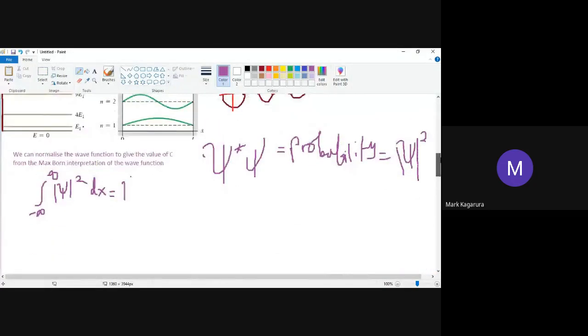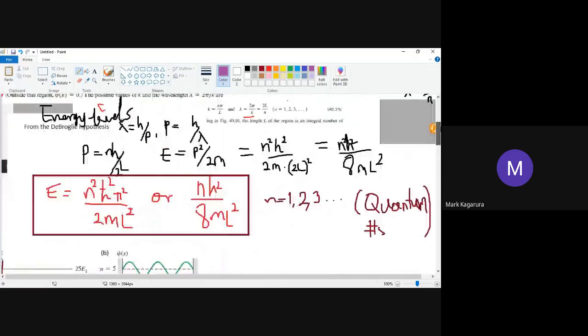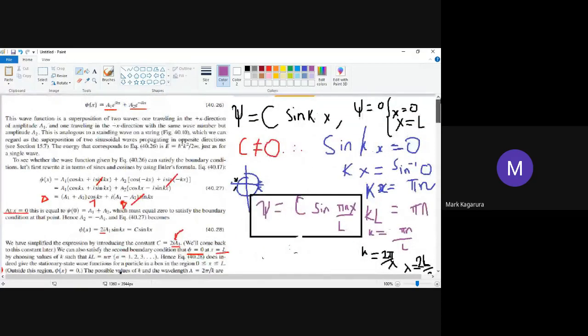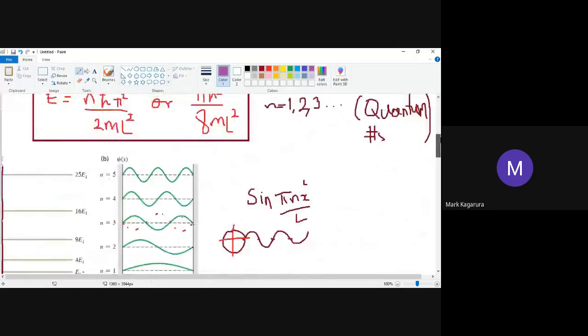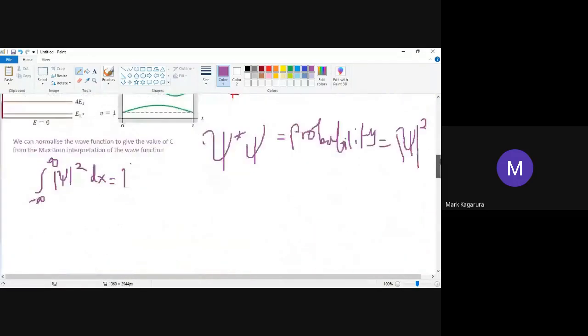Now we can apply our limits. I was just looking for this equation here: our wave function is C sine n pi x over L. Squaring this is quite easy, because the sine squared becomes that.